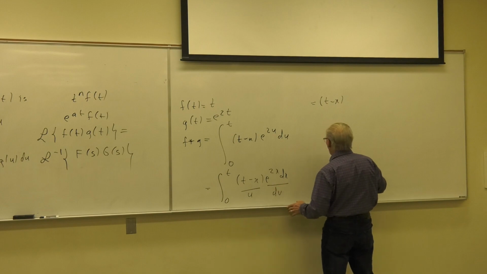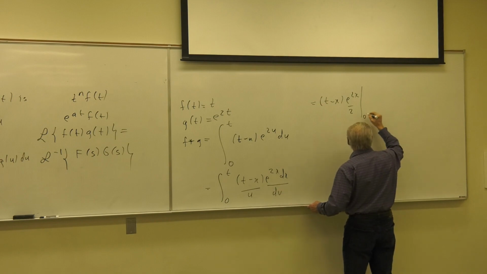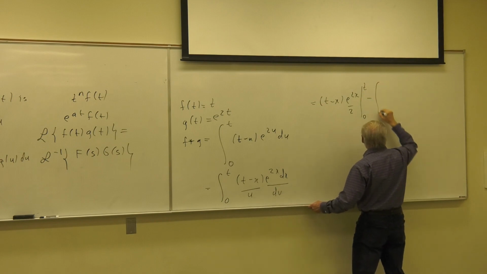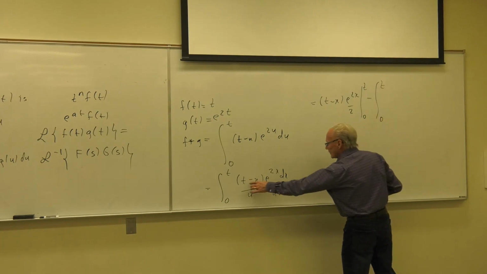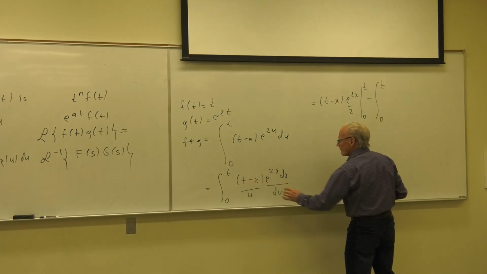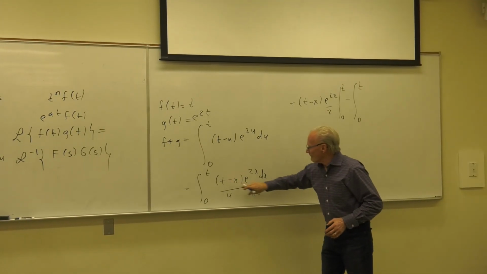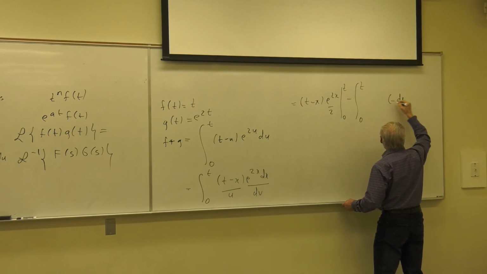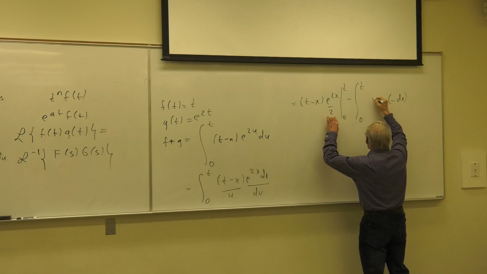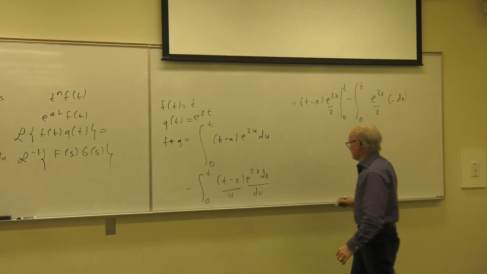If I integrate that, I get e to the 2x over 2, into which we will put 0 and t, minus the integral from 0 to t of the du, du meaning du of this, which is going to be about minus dx, and then we need the v, which we had, e to the 2x over 2.